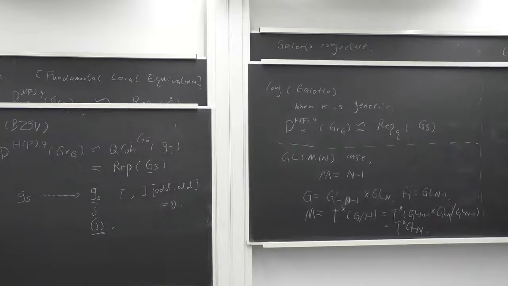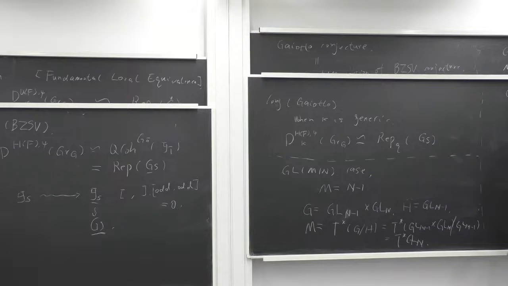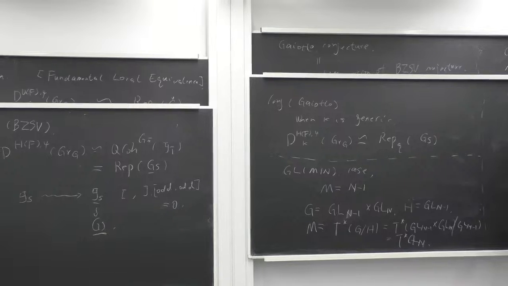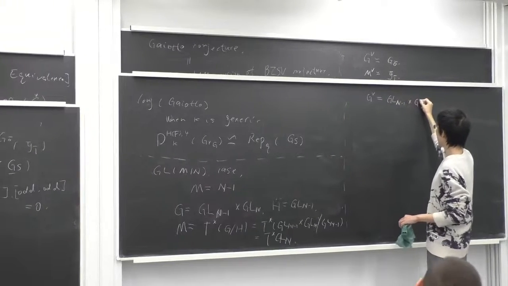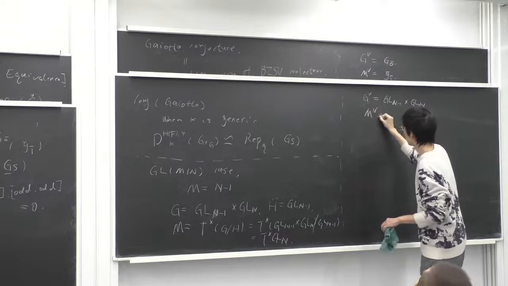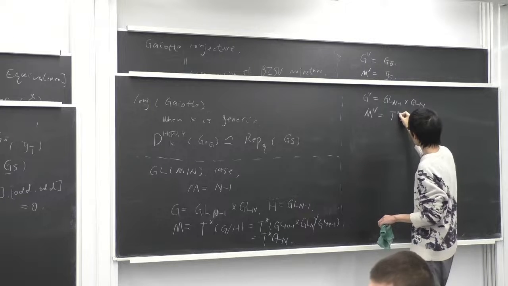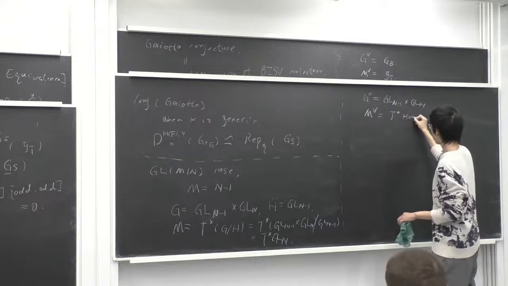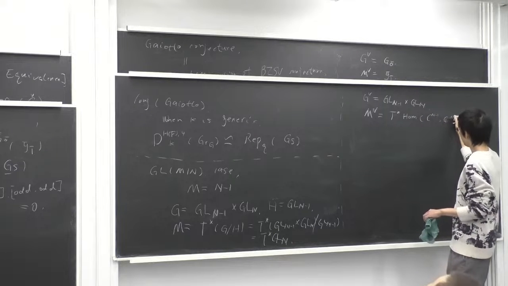Its hyperspherical dual is given by this, where your G check is still GL(n-1) times GL(n), and your M check is the potential bundle on the whole space from C^(n-1) to C^n.